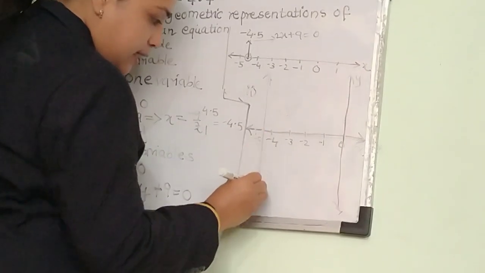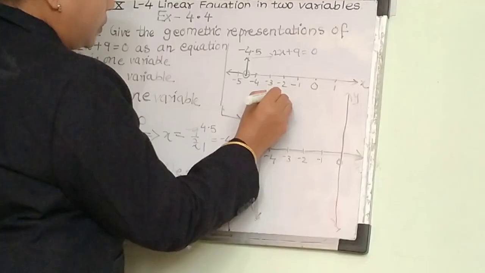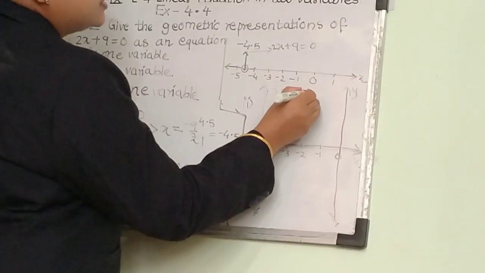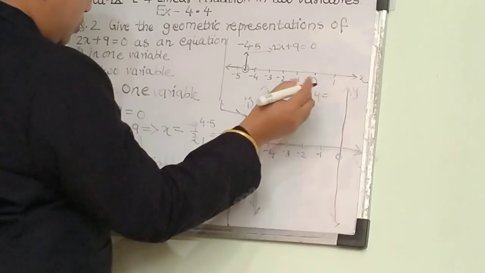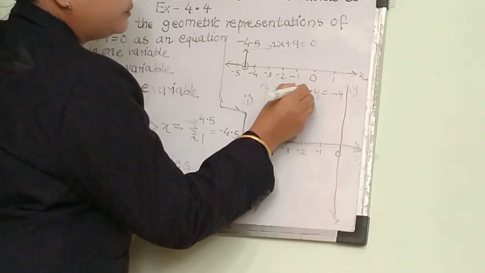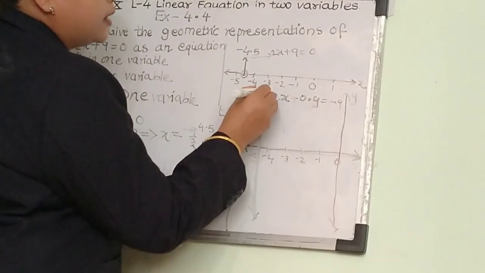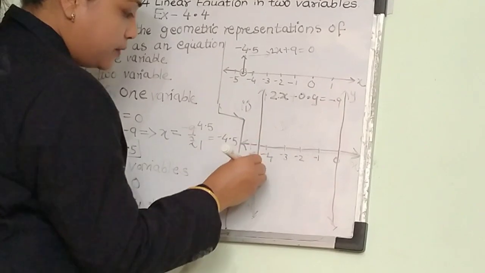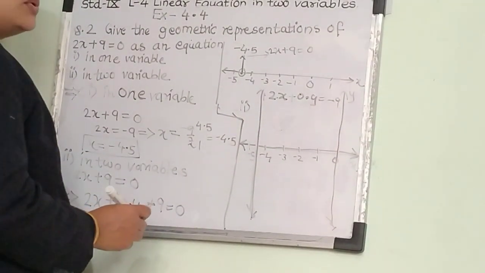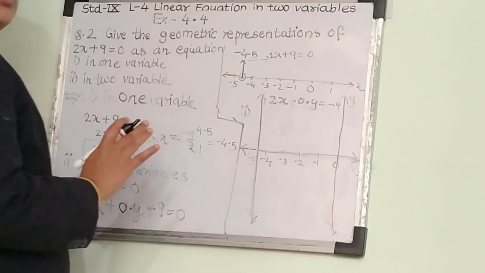So we can say that this line is the graph of your equation 2x plus 0y equals minus 9. So in this way we can see the graph of the equation. I will draw this on the paper and show you.